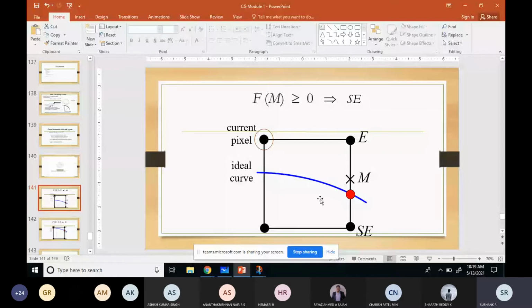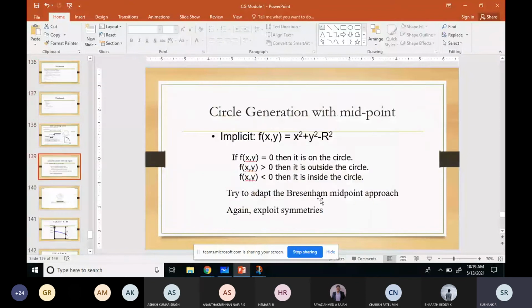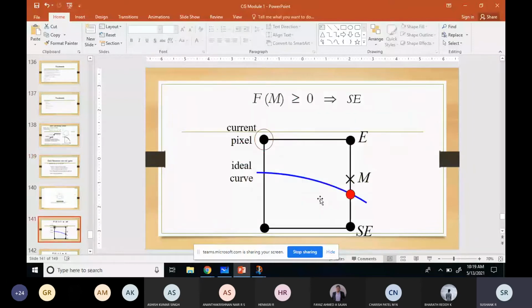First thing is greater than 0. If we check the function f of m greater than 0, where is that line? Greater than 0 means it is outside the circle. F of x comma y greater than 0 means the point is outside the circle.